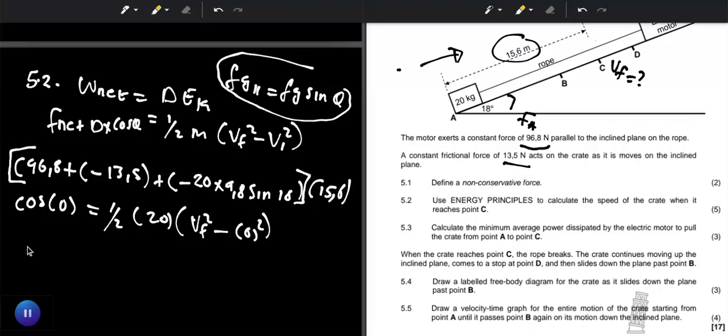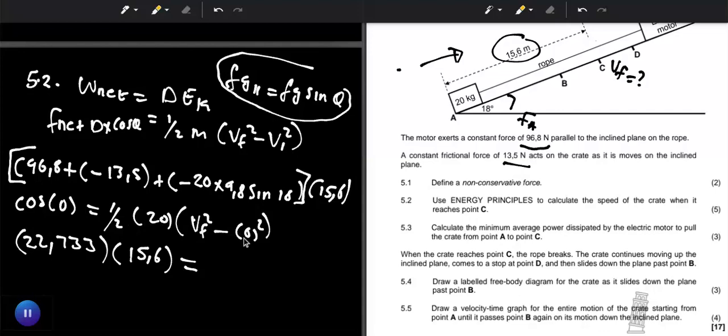You're going to get that your F net is going to be, let's calculate, 22.733. And therefore after that your displacement is this one, 15.6, and cos of 0 is going to be 1. I'm just going to leave it like that. Put the equal sign.